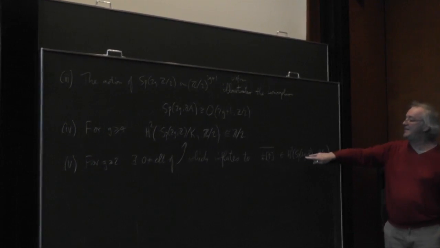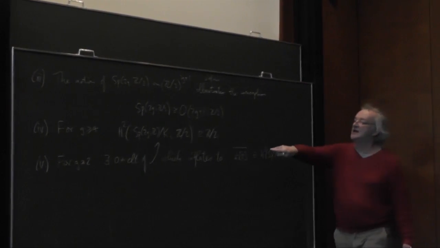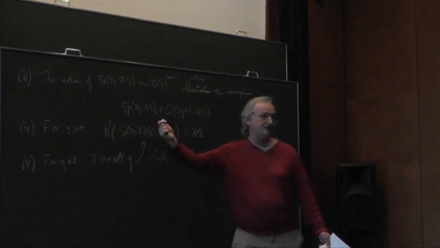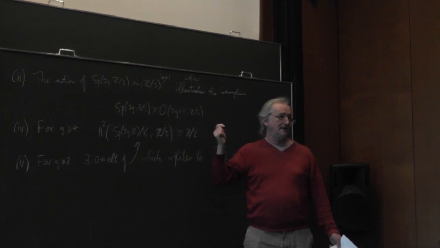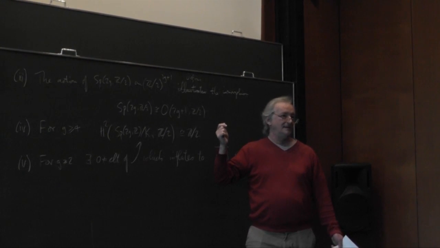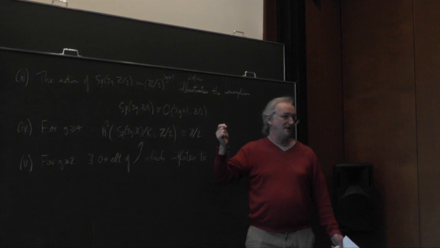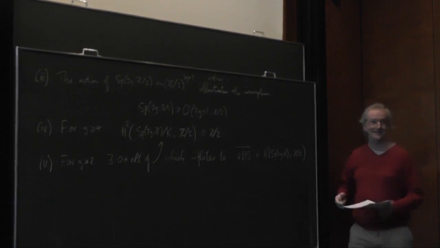So there's a map from Sp(2g, Z) to this group, and I just... Inflation is another word for pullback. Yes. Yeah, it's the normal group cohomology word for pullback. That's it.